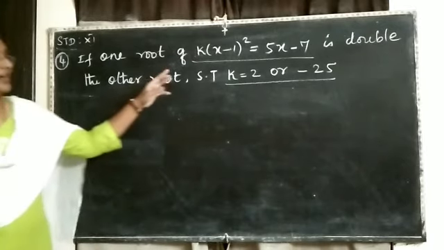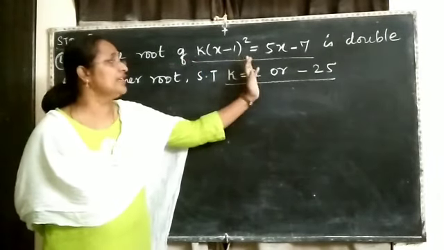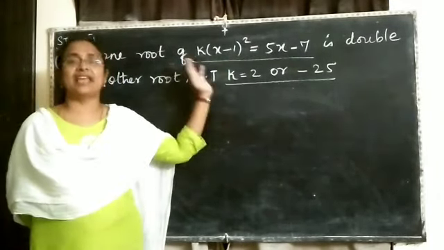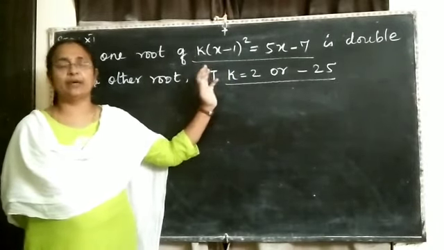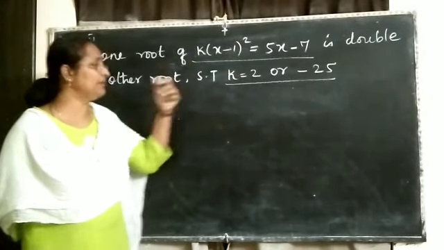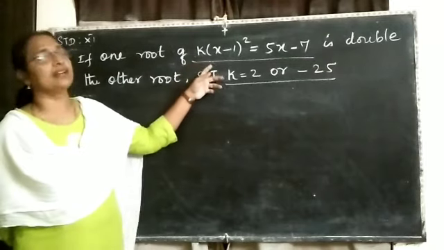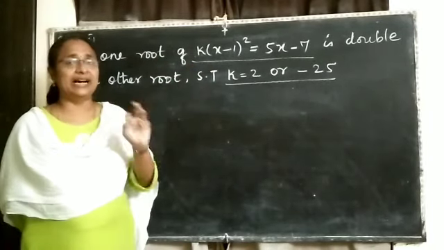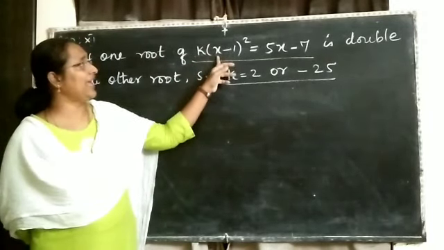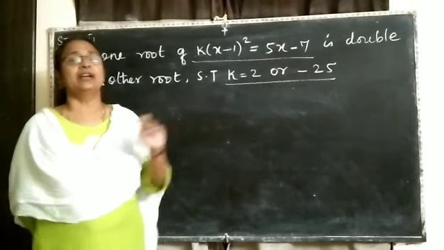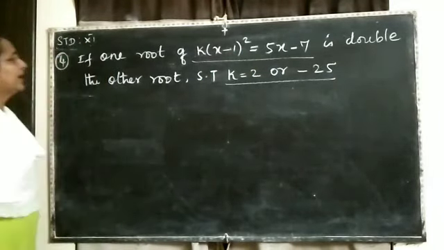Of course it is a quadratic equation, but it is not straight away in the form of ax squared plus bx plus c is equal to 0. So we are going to simplify this. As I told you already, whatever term is given as a minus b the whole square, we have to expand it.